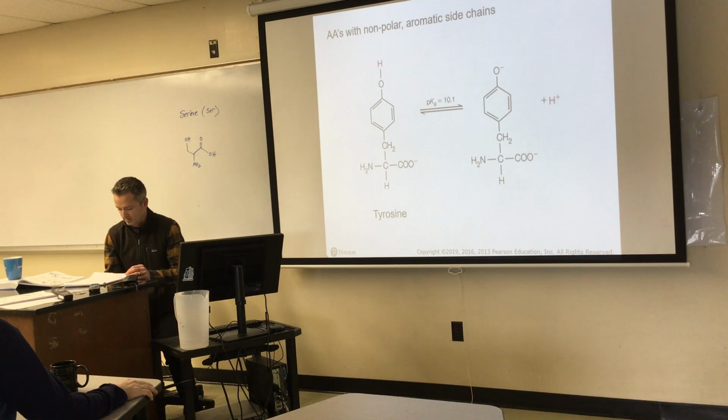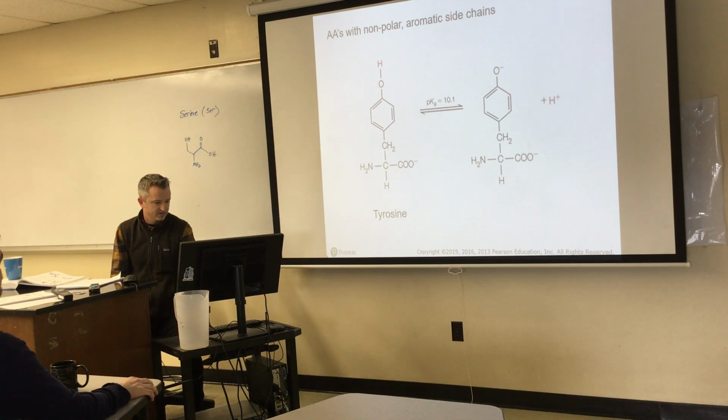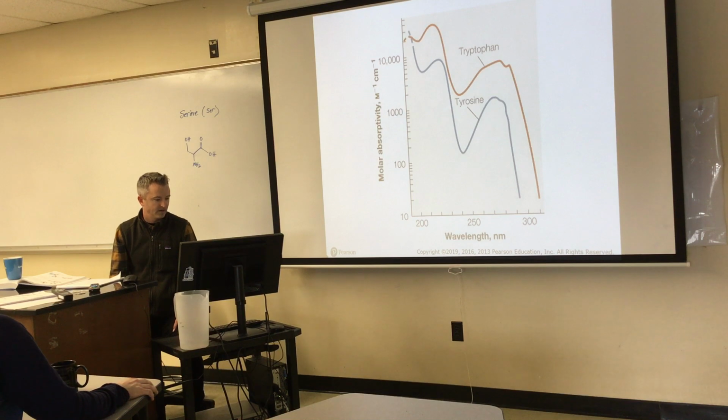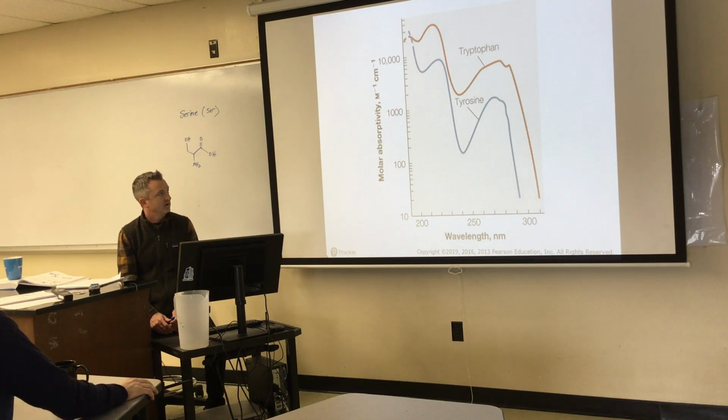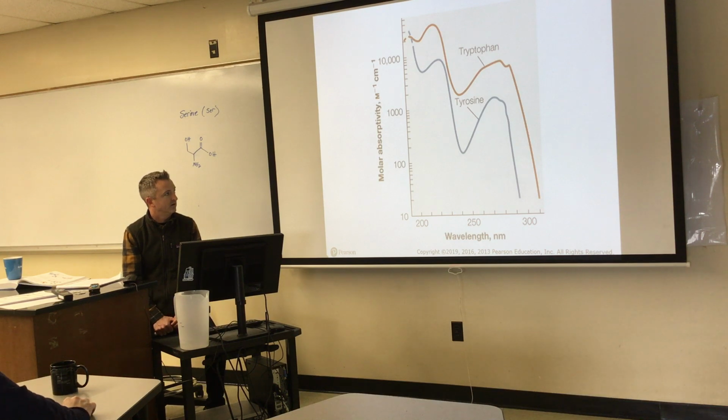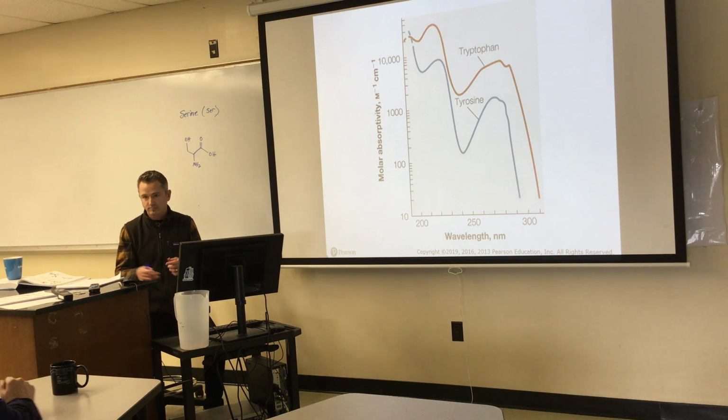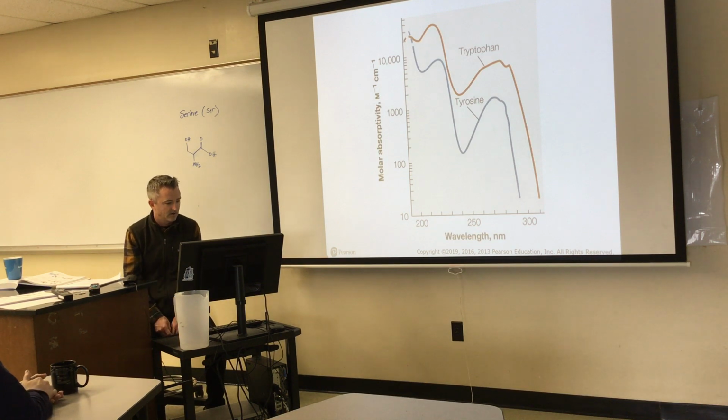Now, really close to that, tryptophan and tyrosine both absorb at about 278, 280 nanometers, somewhere in there. And that's actually why you can use UV-Vis as a tool for looking at protein concentrations.